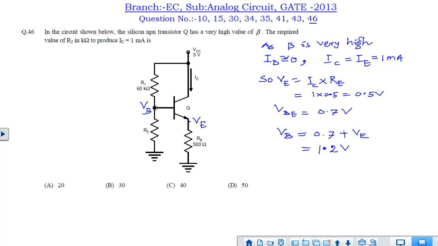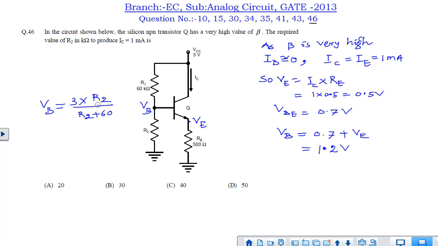Now we know this potential. We have to find out this R2. If we apply voltage division at this point with respect to this VCC, then VB is nothing but 3 into R2 divided by R2 plus 60, because VCC is nothing but 3 volt.